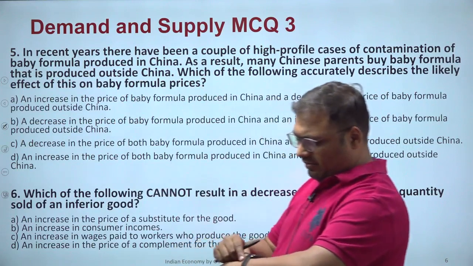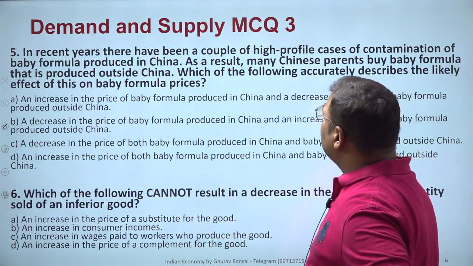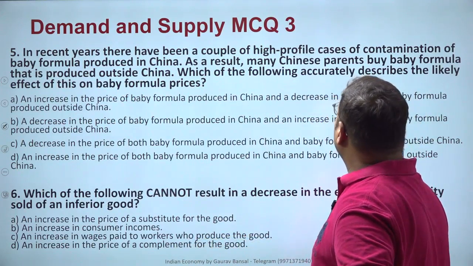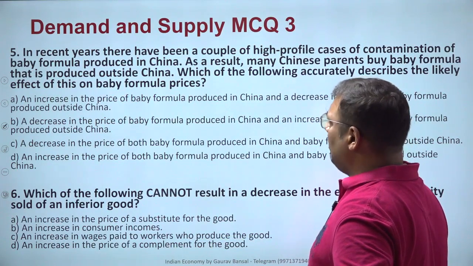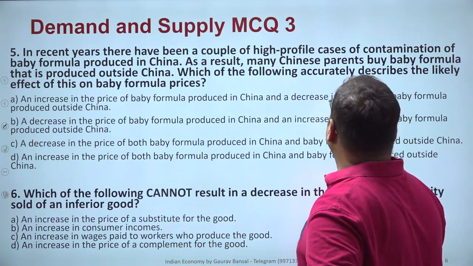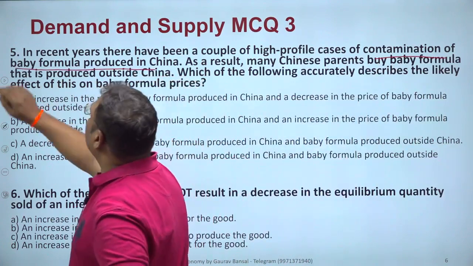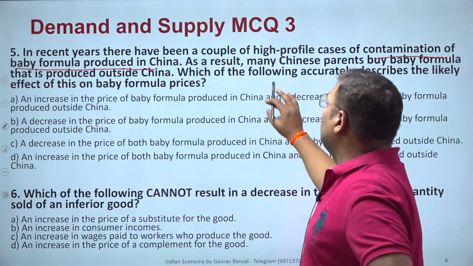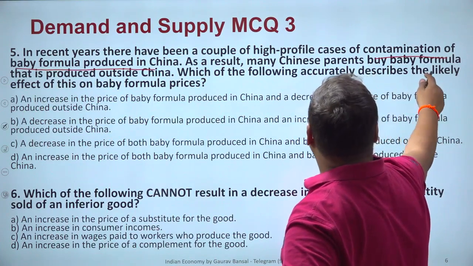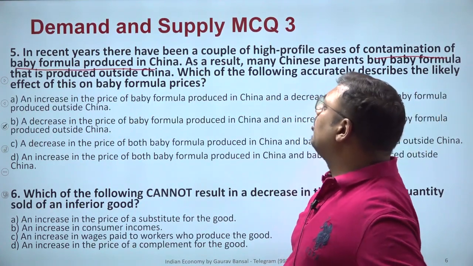Question number 5. In recent years, there have been a couple of high-profile cases of contamination of baby formula produced in China. Okay, the product that was coming from China has contamination, a problem, which means supply has gone down. As a result, many Chinese parents buy baby formula that is produced outside China.